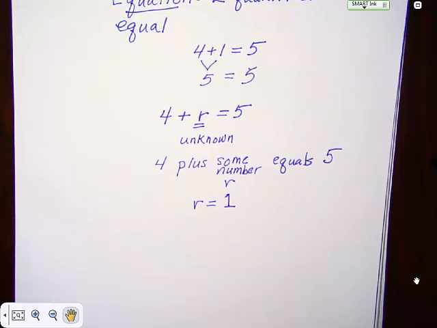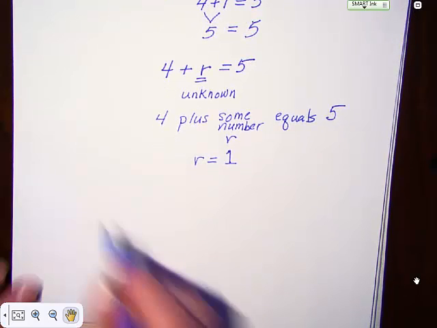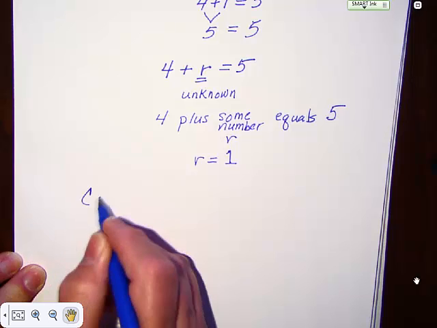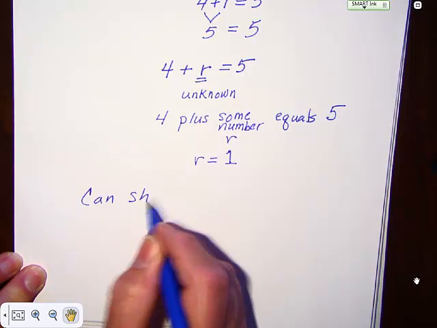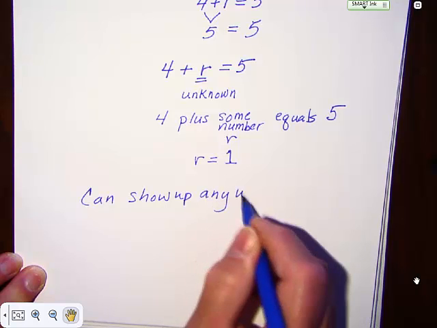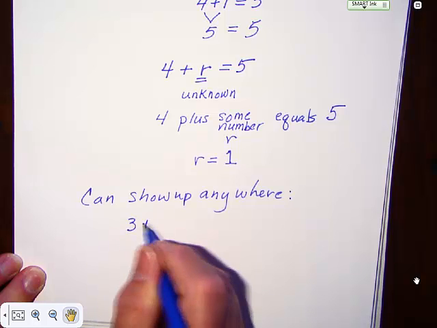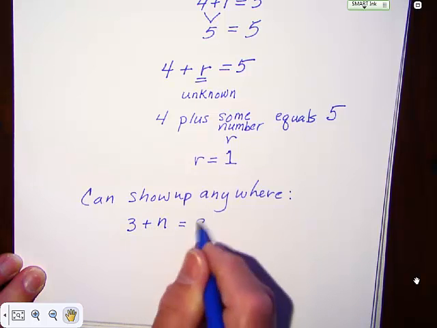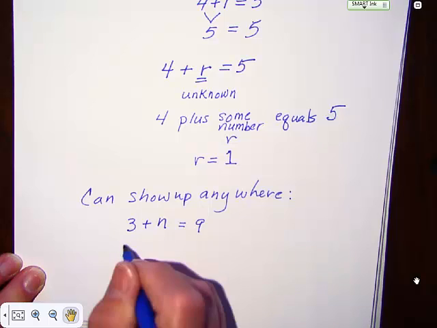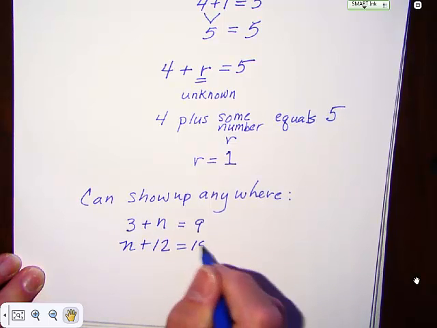Now, the unknowns can show up just about anywhere in an equation. Let me give you some examples. It can be 3 plus something equals 9. It can be something plus 12 equals 15.